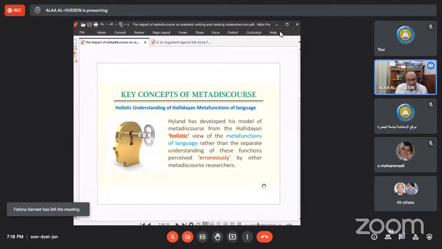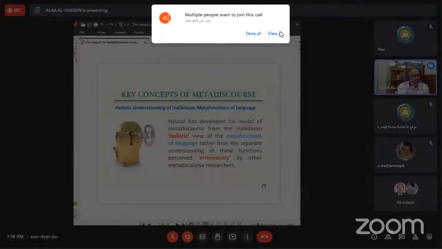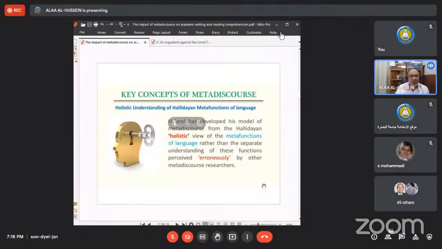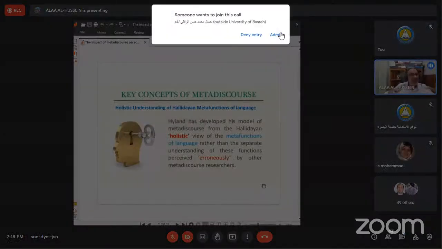What are the key concepts, the essential concepts all meta-discourse researchers and those who are interested in studying meta-discourse should understand? The first important key concept is that the meta functions of language expressed and defined and explained by Halliday should be understood holistically rather than separately.